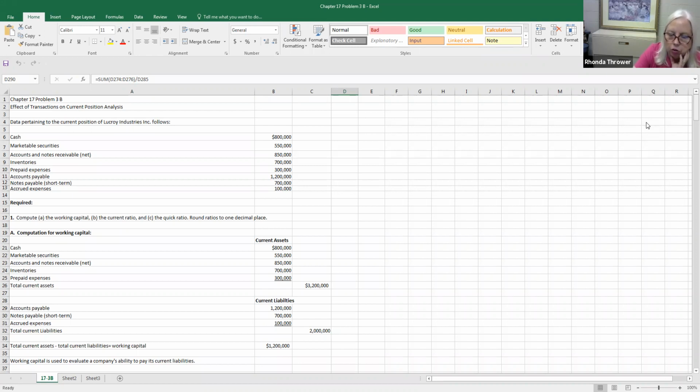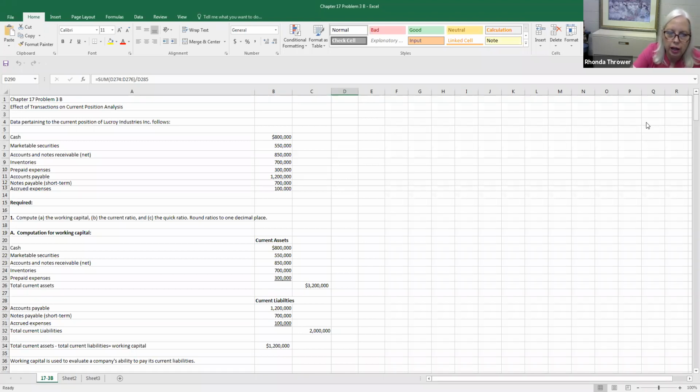And then our quick ratio, you would have to determine if that would have affected your quick assets, which it would not, because there was no decrease in inventories and there was no decrease in prepaid expenses. There was no change, in other words, in inventories and prepaid expenses. So you'd use the same quick assets as you did before and divide it by your new current liabilities to get 1.1.